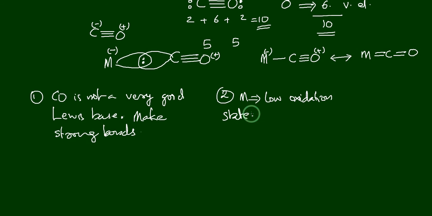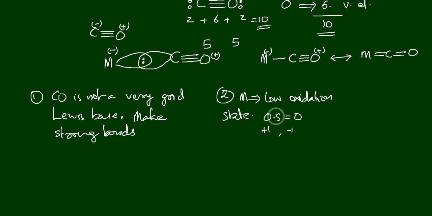It means that sometimes the oxidation state may be zero, or it may be slightly positive, something like +1, or sometimes a negative oxidation state also, like -1. So these types of metals are forming the metal carbonyls.